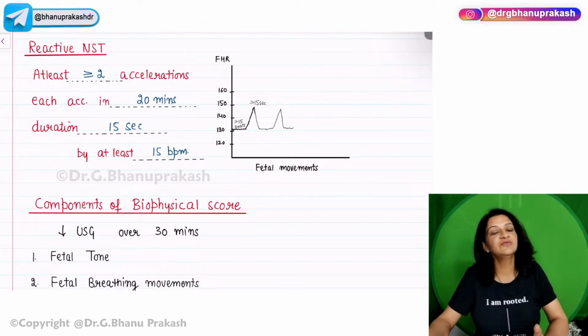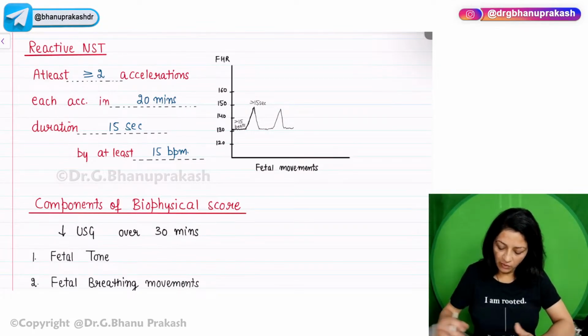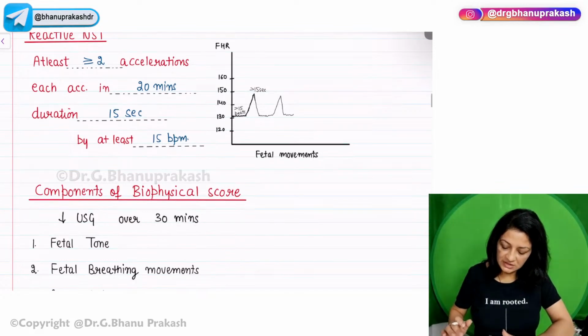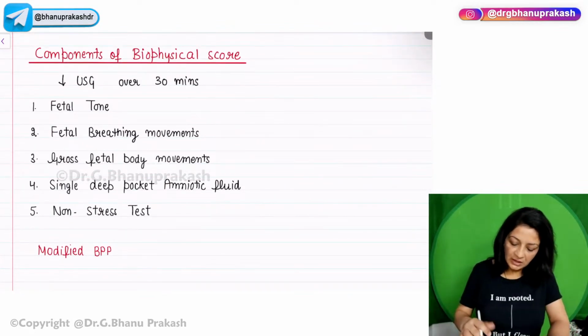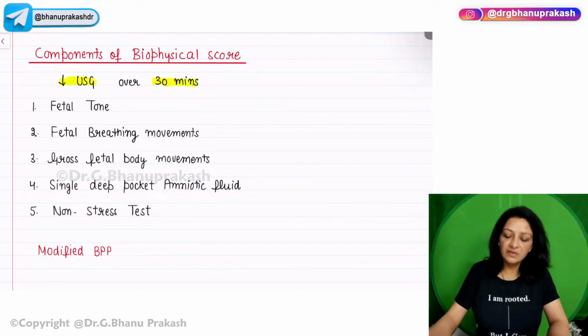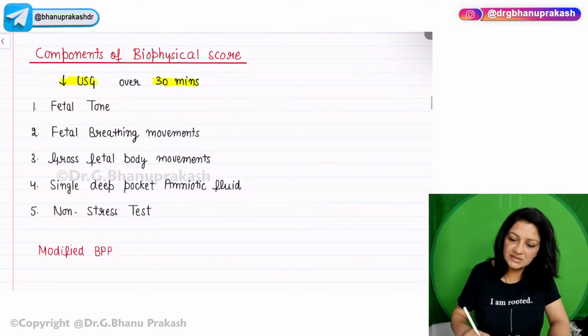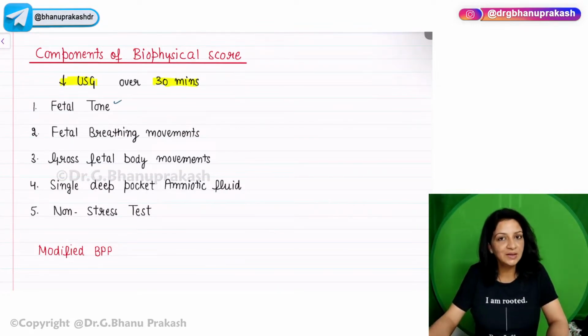Non-reactive, अगर हमारे पास findings आती है non-reactive NST, then we will go for biophysical scoring. Ultrasound guided over 30 minutes. We will check the first component is the fetal tone. Second one, fetal breathing movements.